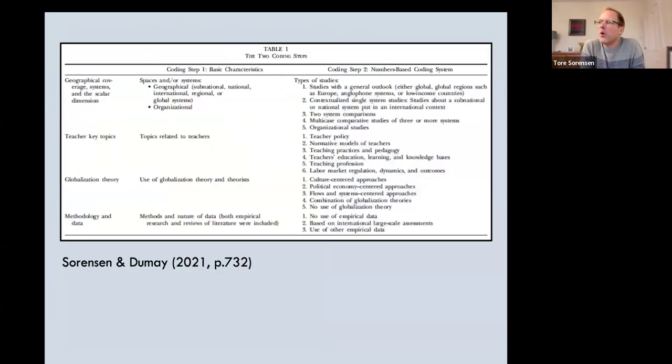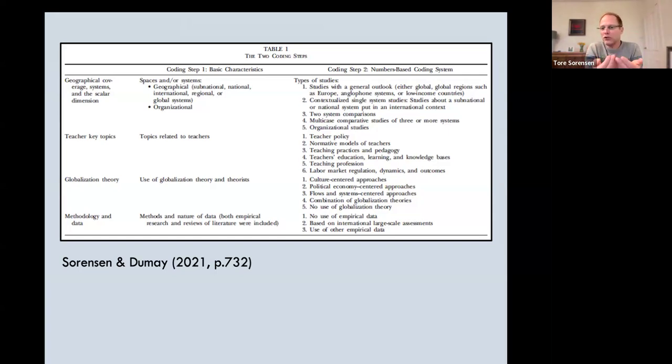Now we're coming into more detail about our scoping review, and I will not go into too much detail because the focus of this talk is how to conduct literature reviews and not teachers and teaching in the context of globalization. But just to say that we had two coding steps.